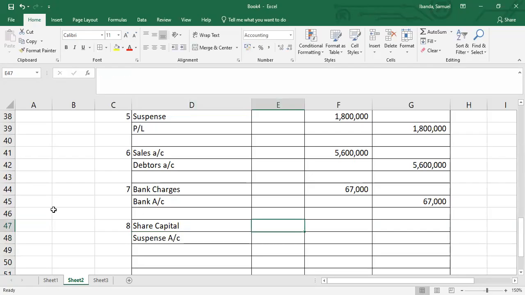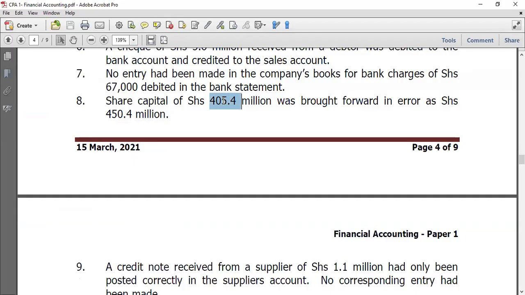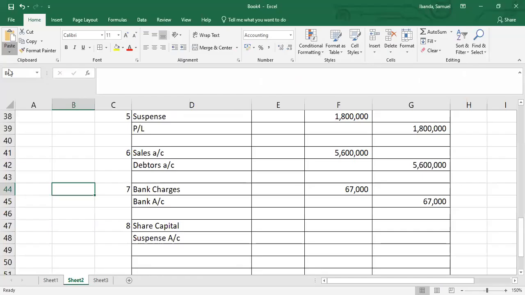So the difference, let's just get the figures here. You can press your calculator. Make sure you have a good calculator for now, because the exam is just on the way, and you need to make sure you practice using the calculator.